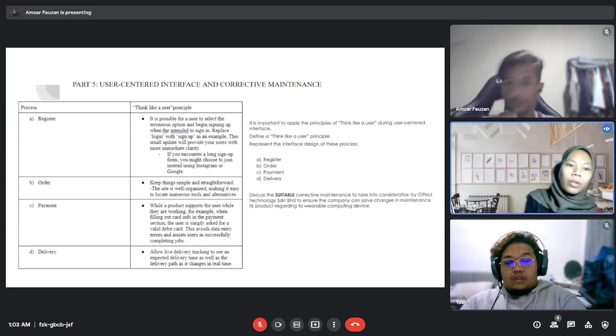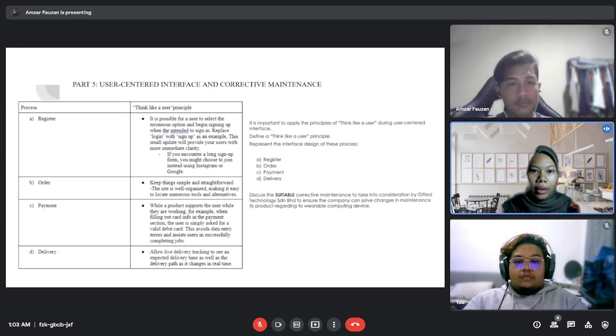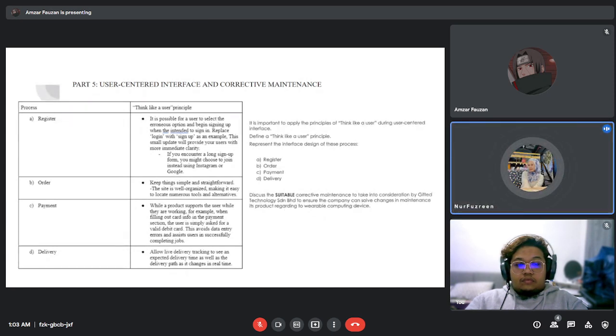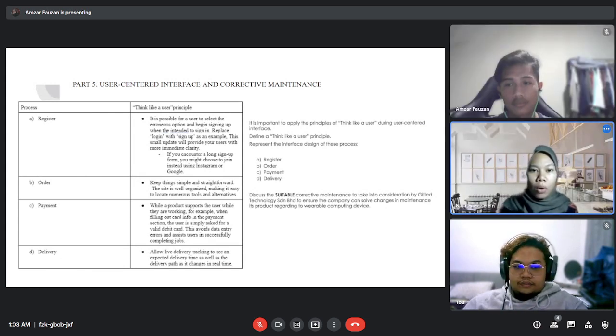And firstly, for the process register, think like a user principle, it is possible for a user to select the erroneous option and begin signing up when they intend to sign in. Replace login with sign up, and as an example, this small update will provide your user with more immediate clarity.